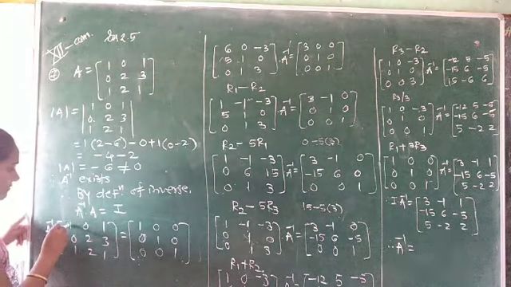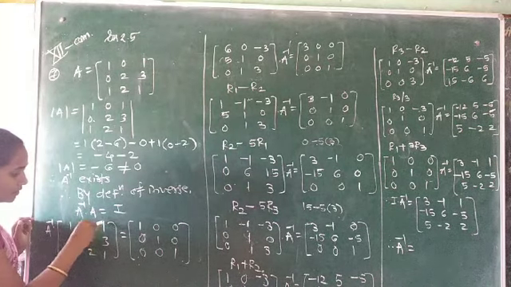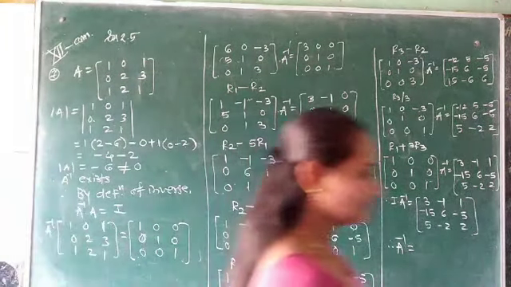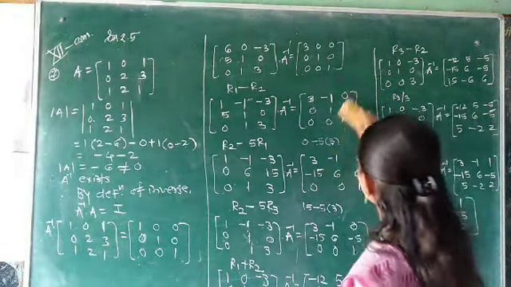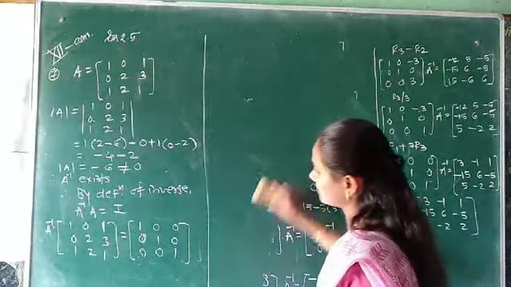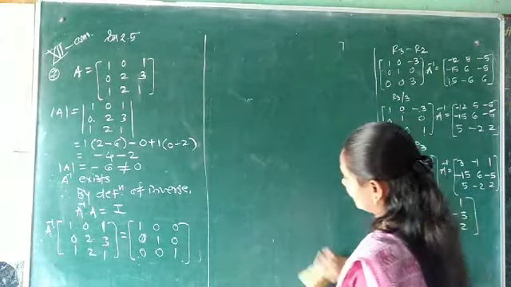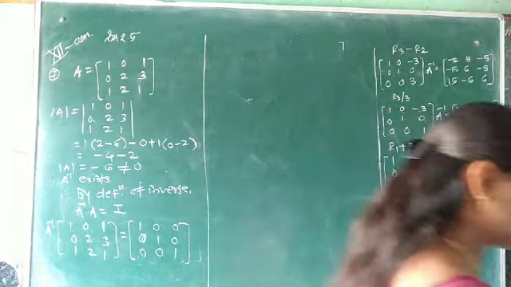First of all, see 1 0, then you have to make the 1 into 0. And in which column does it lie? It lies in column number 3. So in the column, the first element is 1, so we take the subtraction of C3 and C1.